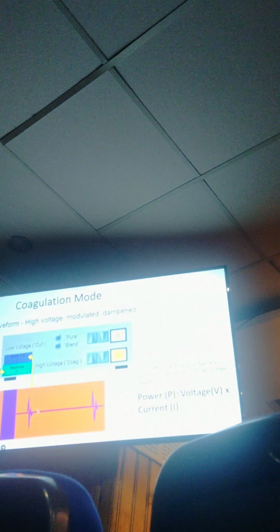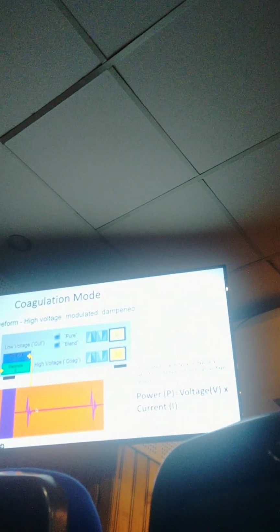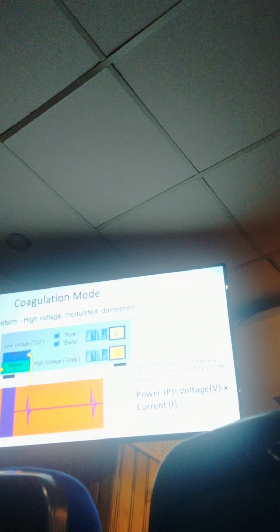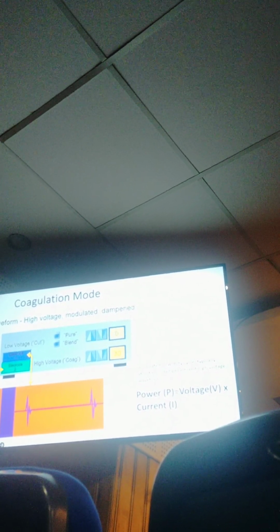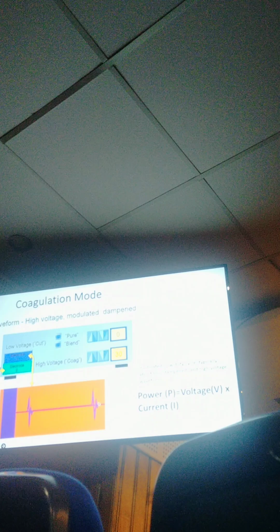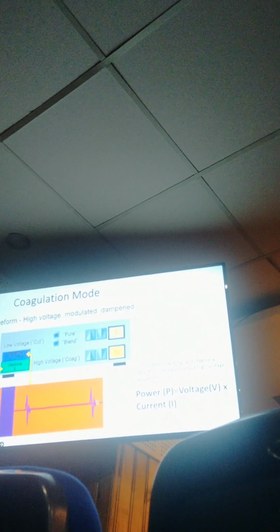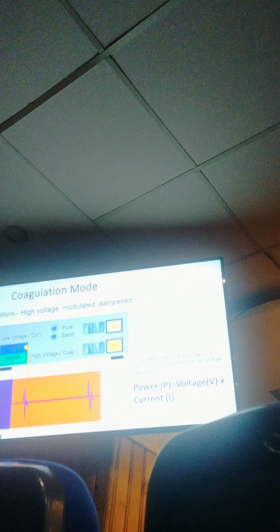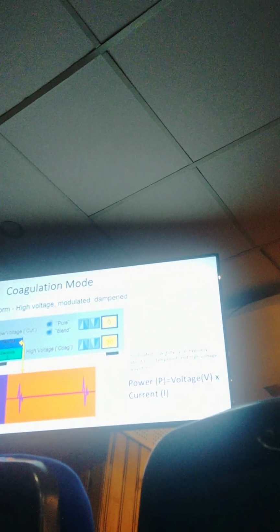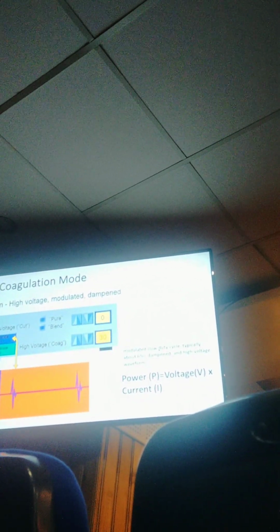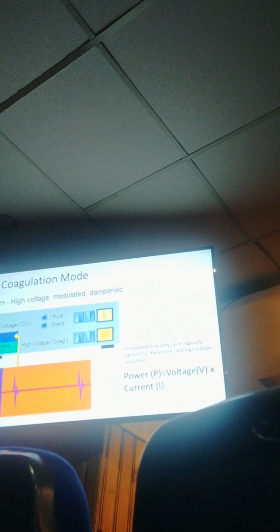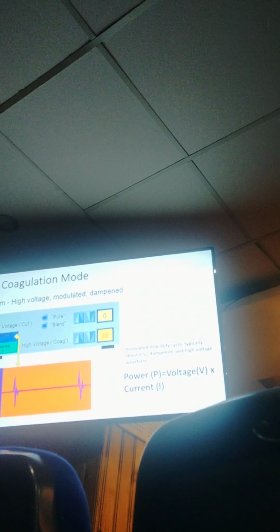Whereas in coagulation mode, there is an intermittent flow of current. The current does not flow continuously. There is one burst of current, then a gap, and then a second burst of current comes. This goes on. In coagulation mode, only 6% of the time the device is activated does the current flow, so 94% of the time the current does not flow.